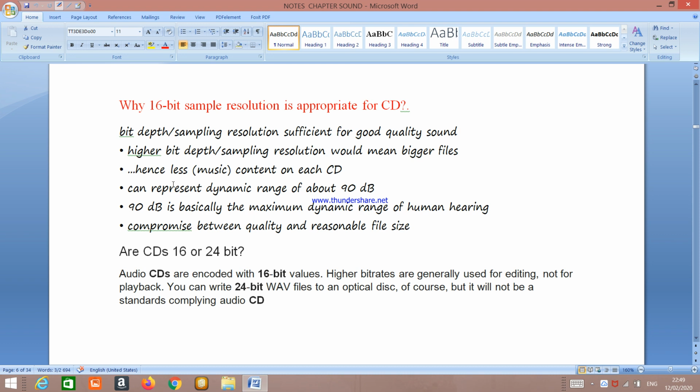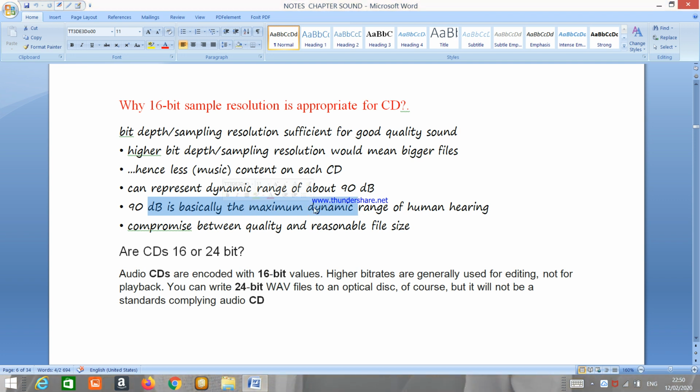So 16-bit is enough to represent an appropriate dynamic range of about 90 decibel. And 90 decibel is the maximum dynamic range the human ear can hear. So there is a compromise between the quality and a reasonable file size.